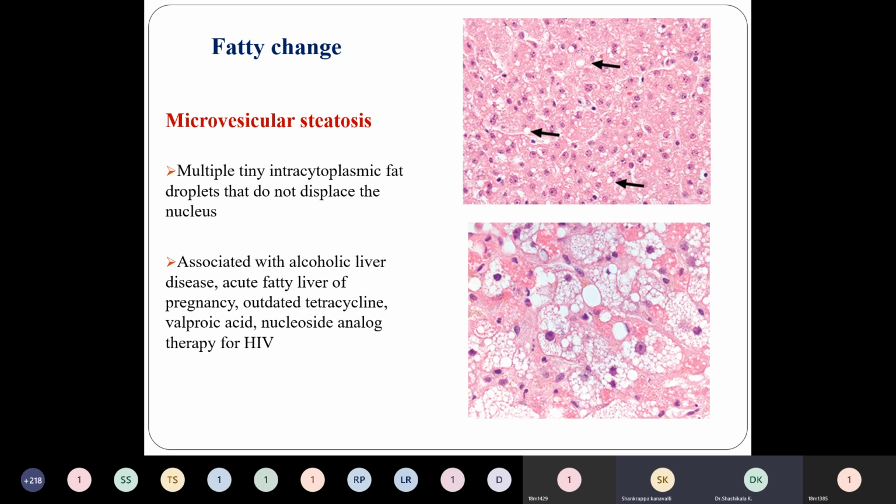It is associated with alcoholic liver disease, acute fatty liver of pregnancy, use of tetracyclines, valproic acid, and sometimes nucleosides in the treatment of HIV. These are the main reasons for microvesicular steatosis.